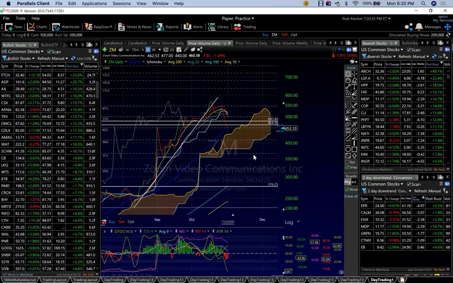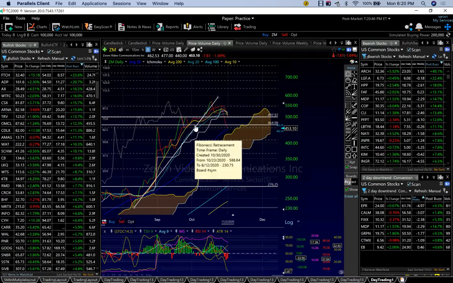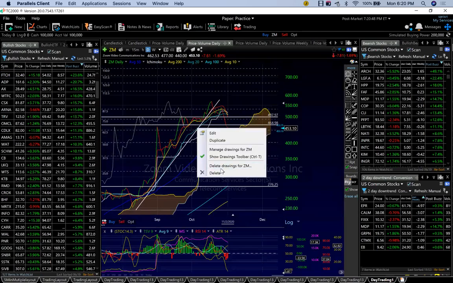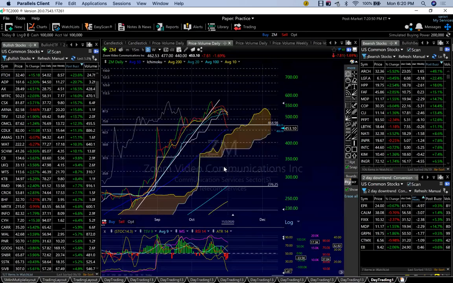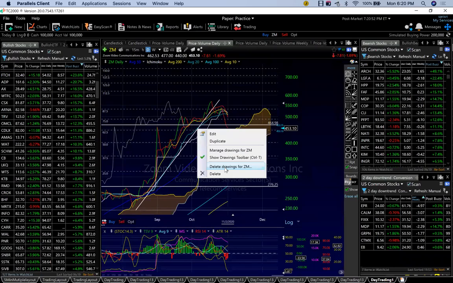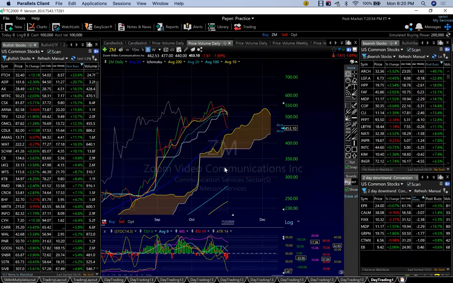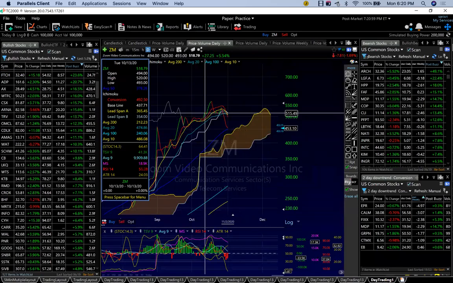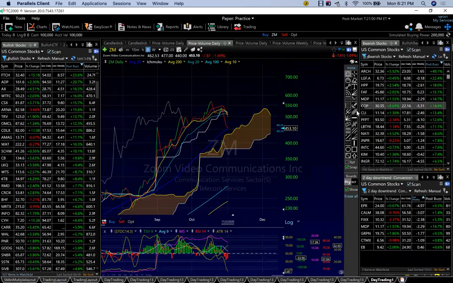So Zoom is in a very unique position actually. If you look, it had a flat line here, then it had a flat line. One second, let me remove all these things for you guys, so let's do all of them at one time. Okay, so this is one thing that is going up. This is one of the resistances.